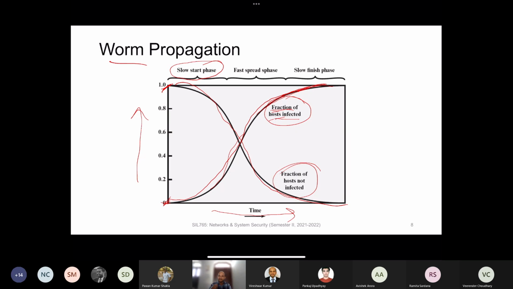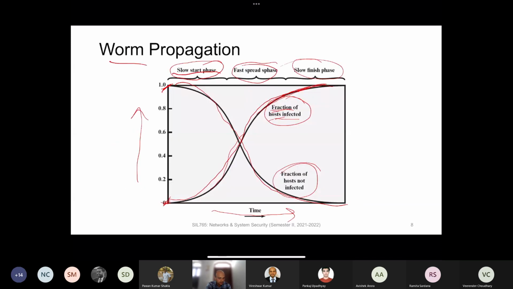Although in the first unit of time only one additional host was infected, in the second unit 2 additional hosts were infected, and in the third unit 4 additional hosts were infected. So although you may have a slow start of the worm propagation, you will see a very fast spread. And then again, because almost all the hosts have already been infected, you will have a slow finish. This is also something interesting to note about worm propagation.